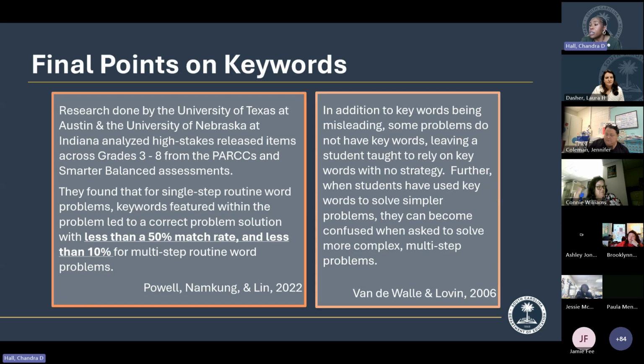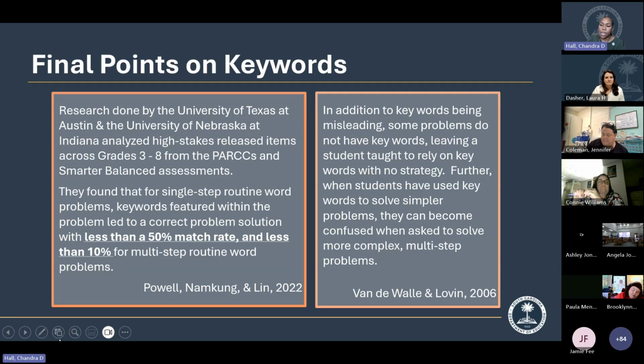In addition to keywords being misleading, some problems do not have keywords, like we just saw, leaving a student taught to rely on keywords with no strategy. Further, when students have to use keywords to solve simpler problems, they become confused when asked to solve more complex multi-step problems. Because again, they cannot lean on that same strategy.